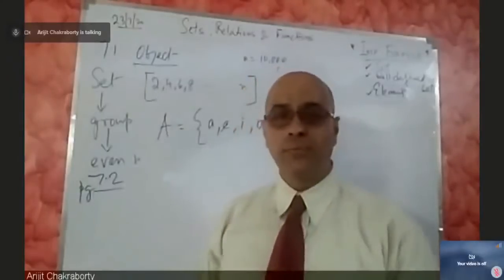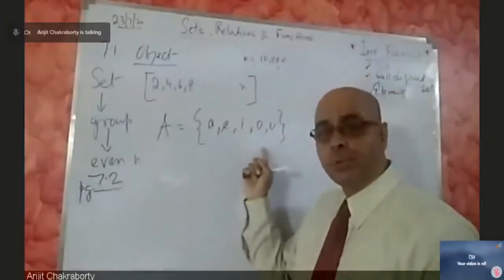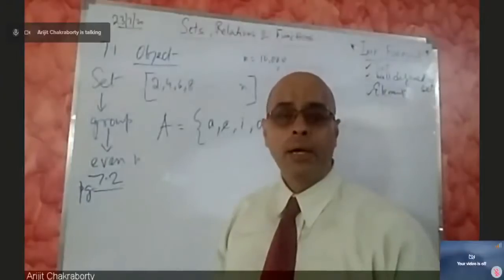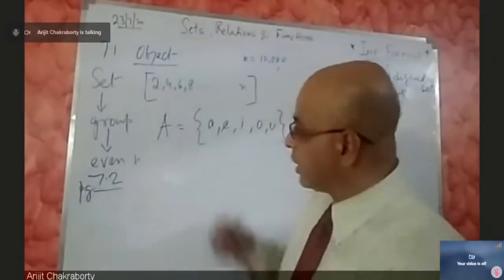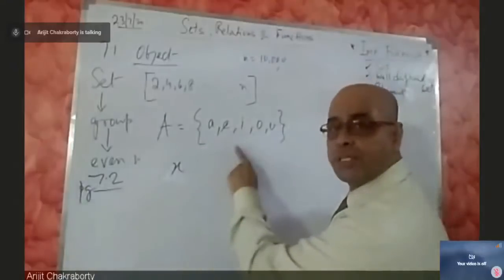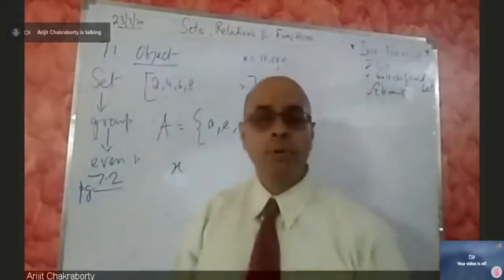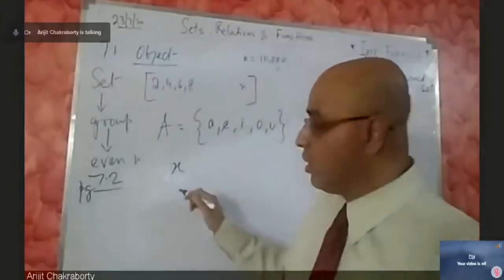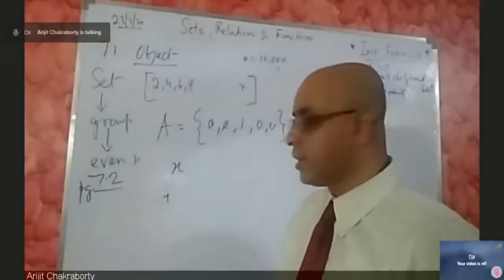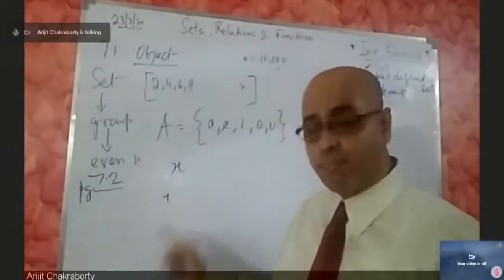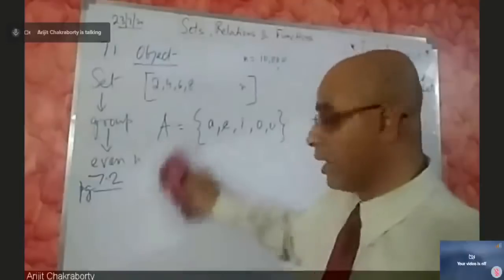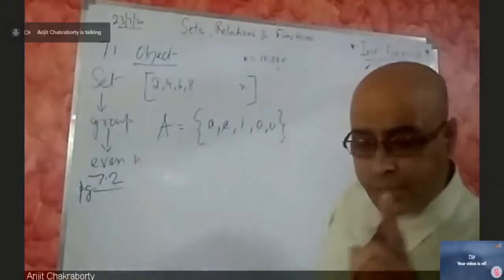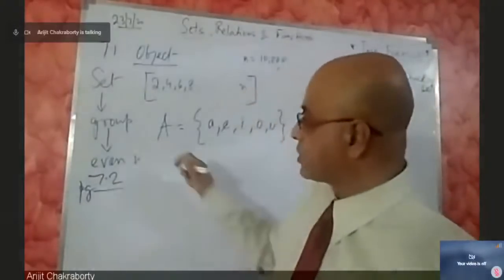All of us know there are 5 vowels: A, E, I, O, U. It is well defined because if I ask you whether X is a member of this set, the answer is no, because X is a consonant, not a vowel. If I ask you whether I is a member of this set, I has to be a member because I is a vowel. So you see, this is again a well-defined set. Let's take another set, B.